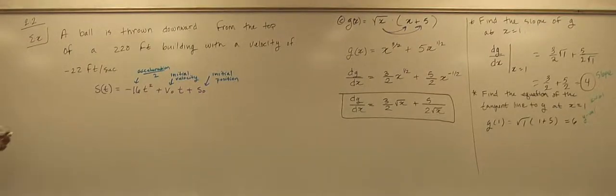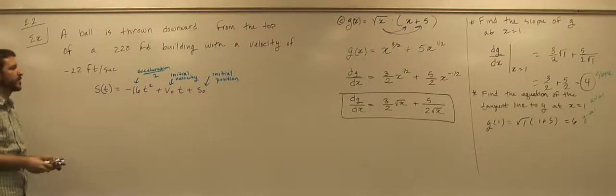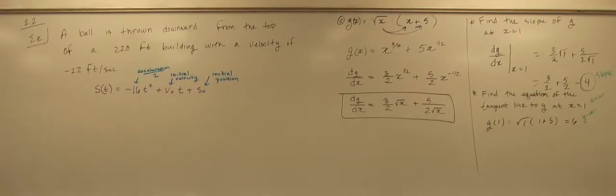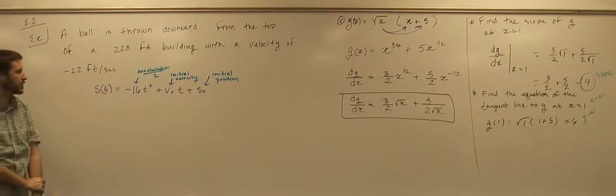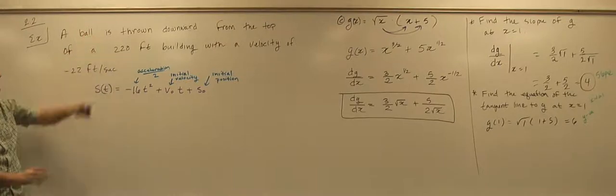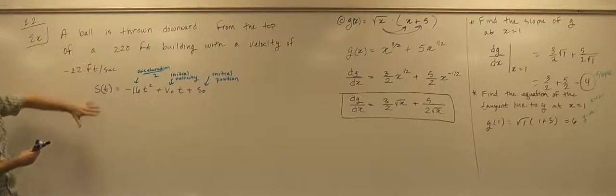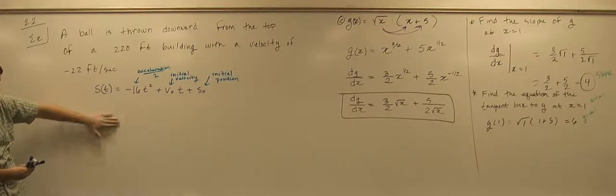The acceleration due to gravity, in units of feet, is negative 32 feet per second squared. So this is the kinematics equation from physics you can use to model the position. But more likely I'll give you this and plug in everything for you.